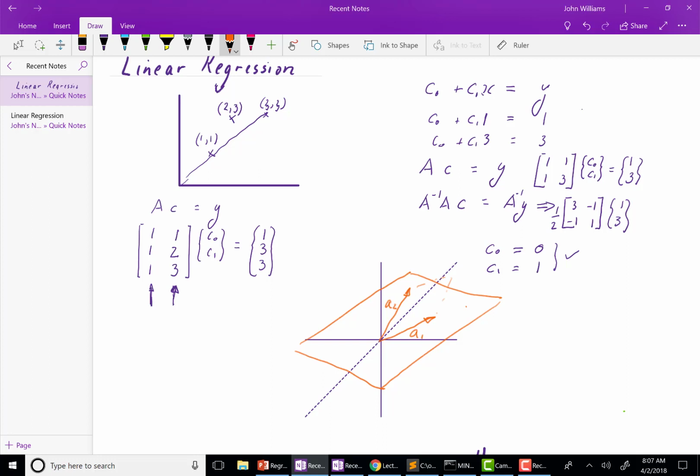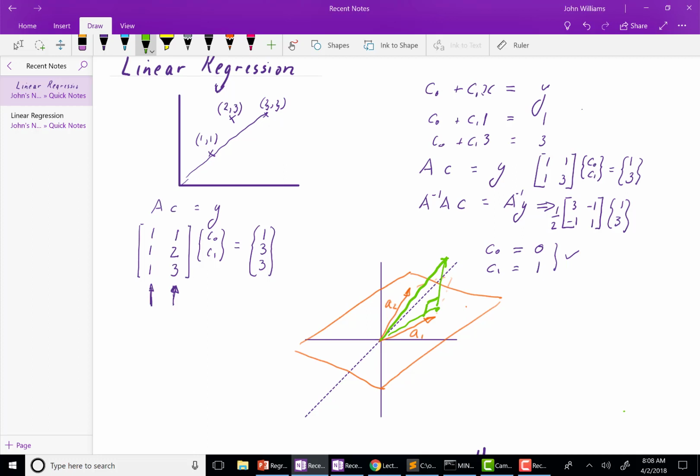So long as any right-hand side lies within that plane, we can find a solution. But in this case, it's clear that this right-hand side doesn't lie in that plane. Here, our right-hand side lies somewhere here, and it's out of the plane. Now, let me suppose I drop a perpendicular onto that plane. Then this point is clearly the closest point in the plane to our right-hand side.